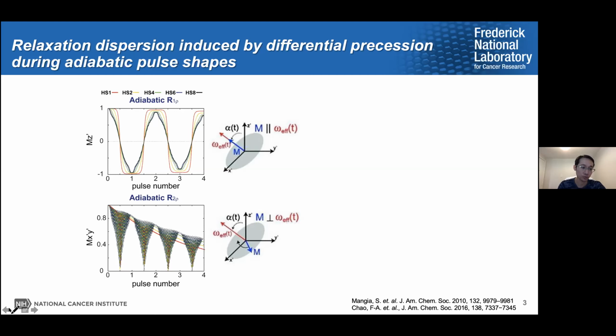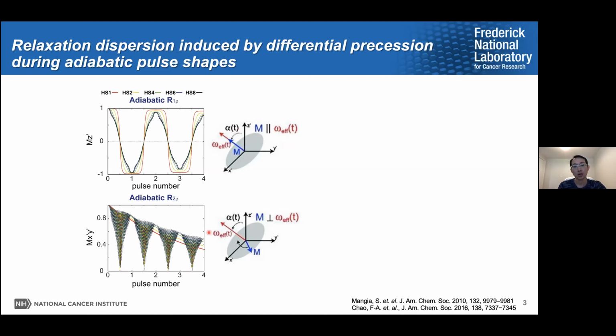So you can see your bulk magnetization should align with your effective field. Very similar to the conventional R1 rho experiment, the only thing different is now this effective field is not constant anymore. It's going to drive your bulk magnetization to sample a different part of your spin space.